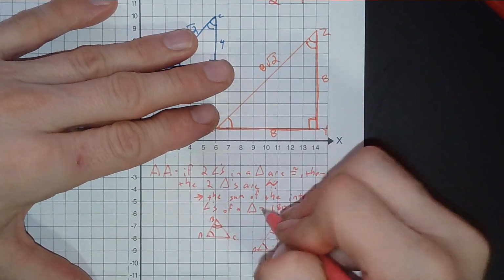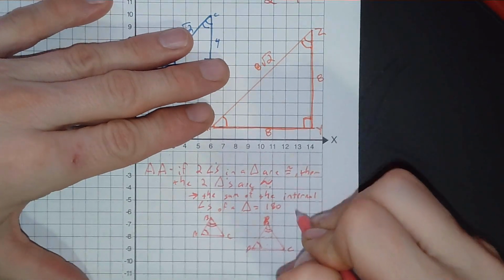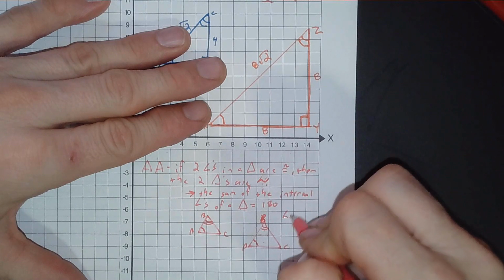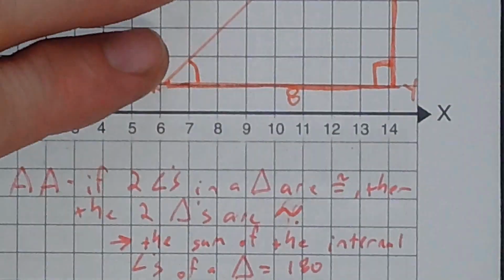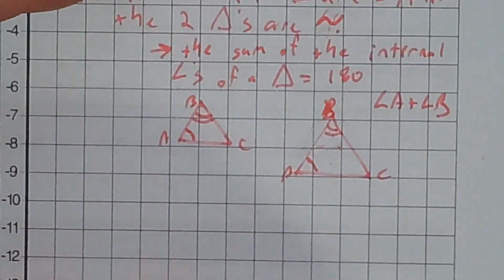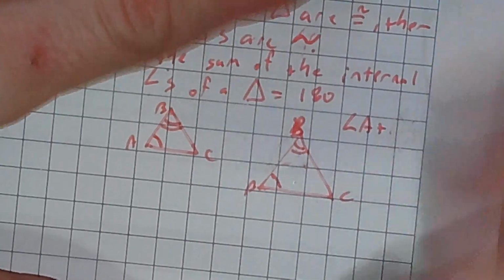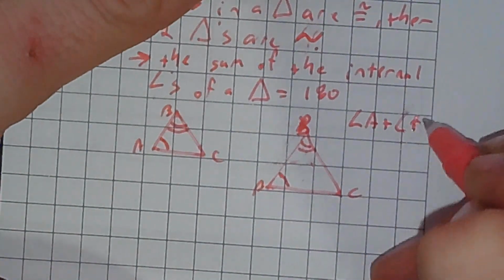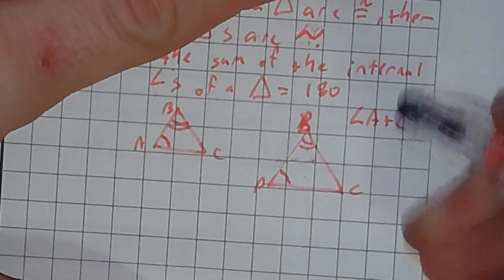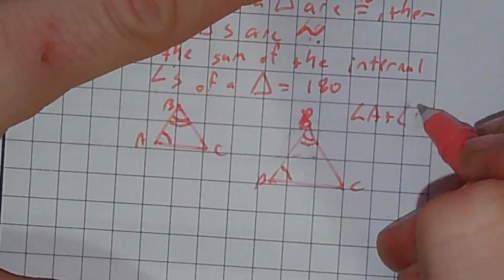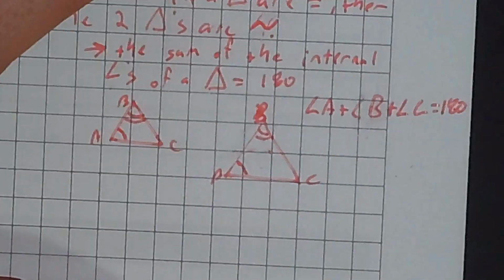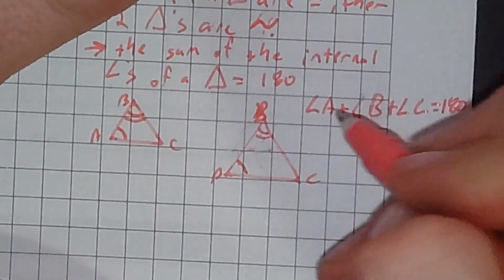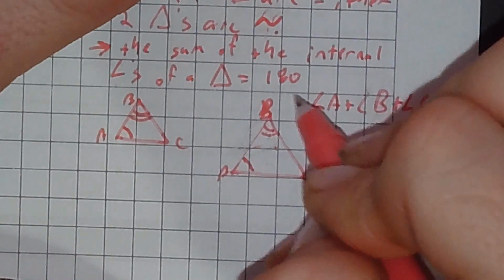Okay, I know that for either triangle, angle A plus angle B plus angle C equals 180 degrees, right? So if I know that angle A and angle B are equal to each other, right?